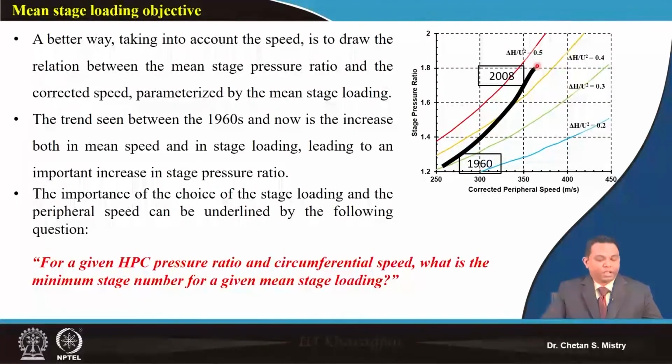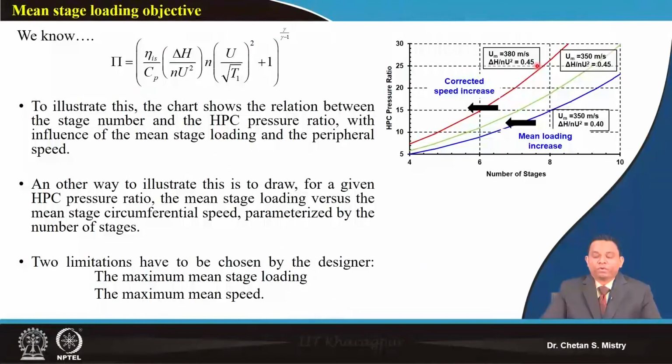Now here, this represents my overall pressure ratio, in terms of my mean loading coefficient, my peripheral speed, and number of stages. And here this represents my number of stages versus HP pressure ratio for a particular peripheral speed and my mean loading coefficient.